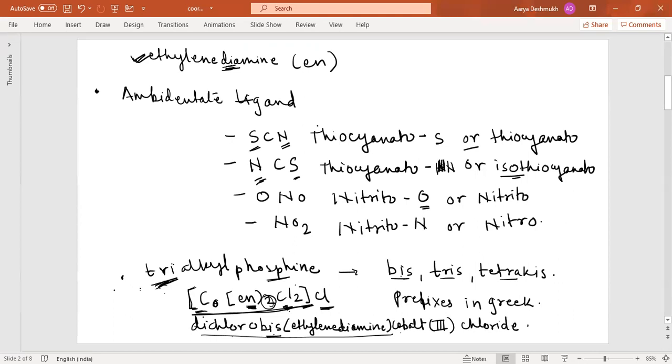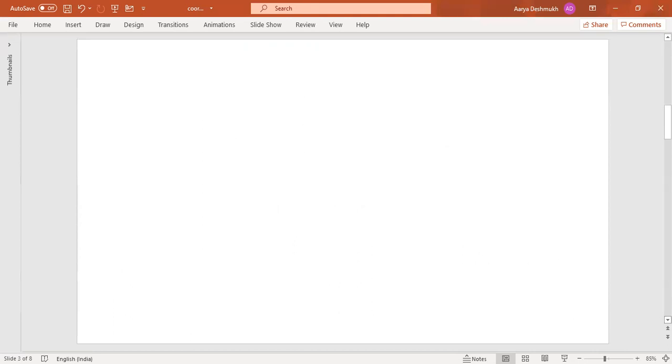Here I wrote cobalt. In some cases, you might find that it is written as cobaltate. So where do we write cobalt and where do we have to write cobaltate? This is also an important point to be discussed. The metal ion is named with an ending in ATE in an anionic complex.